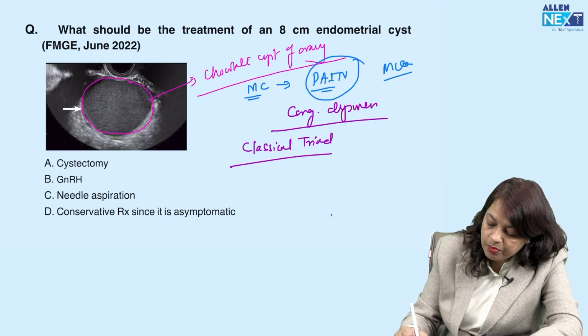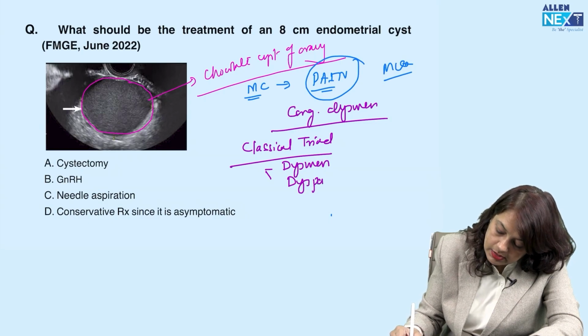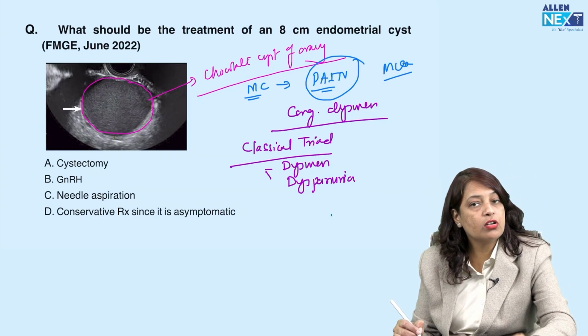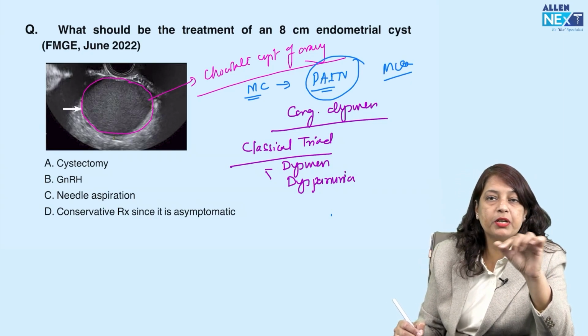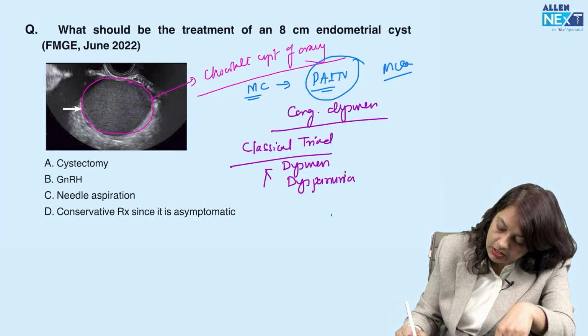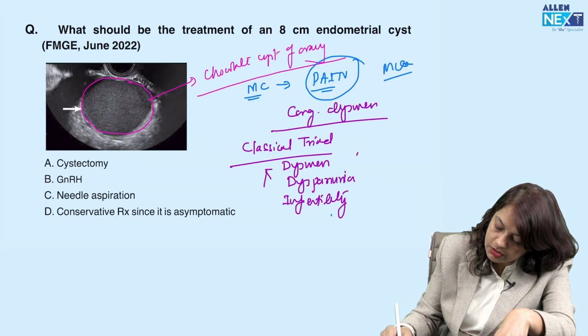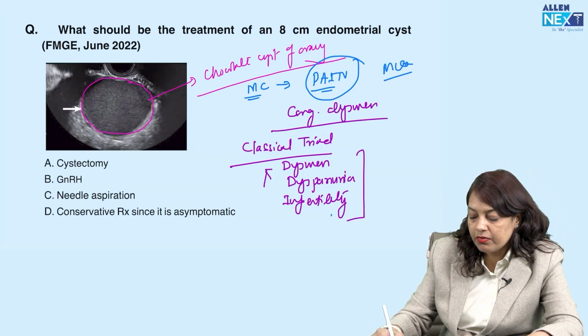The classical triad is, number 1, congestive dysmenorrhea, number 2, dyspareunia, that is painful coitus because of the endometriosis present in the pouch of Douglas, and the third presentation can be infertility. So endometriosis is usually a disease of the reproductive age group.